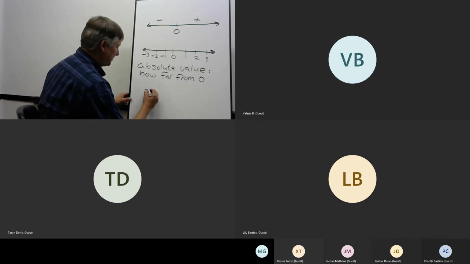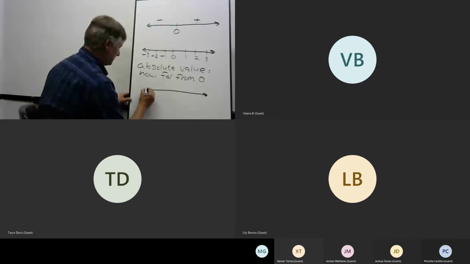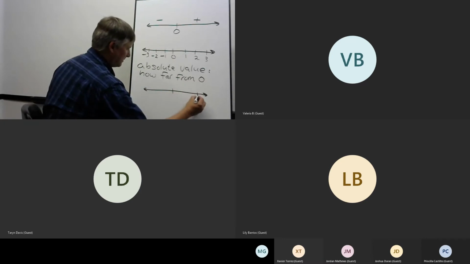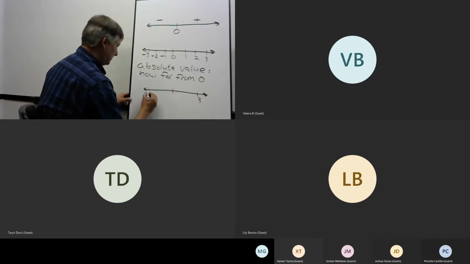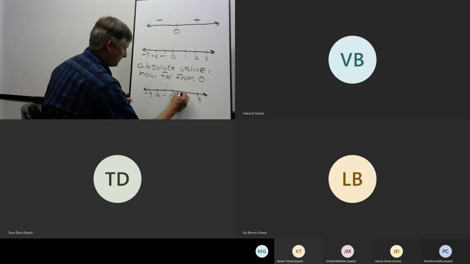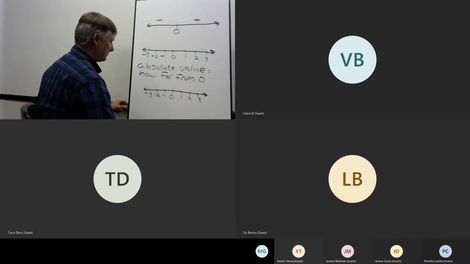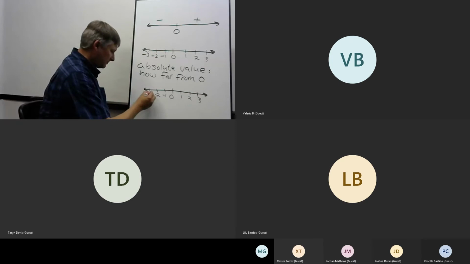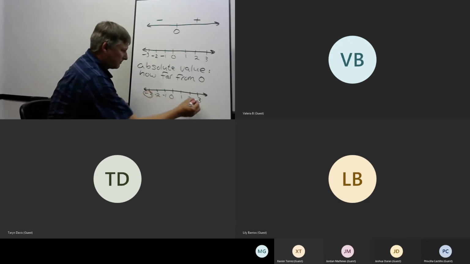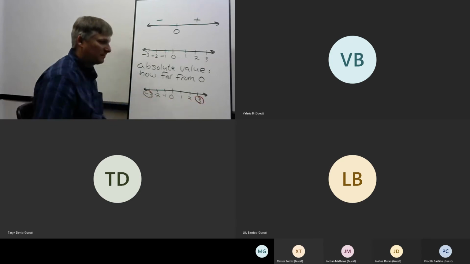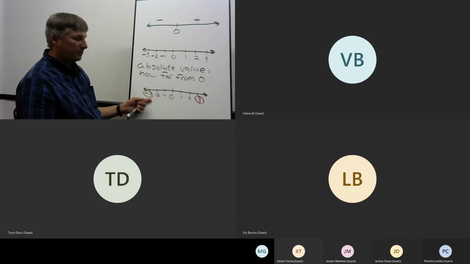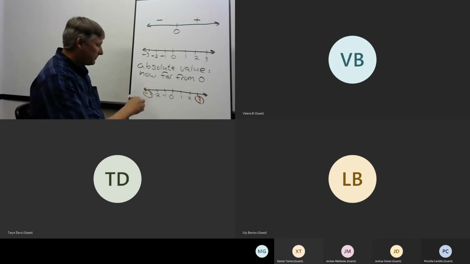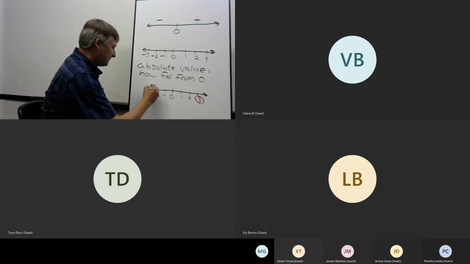So if we take a look at 3 and negative 3. Well, negative 3 is 3 units away from 0. 1, 2, 3.